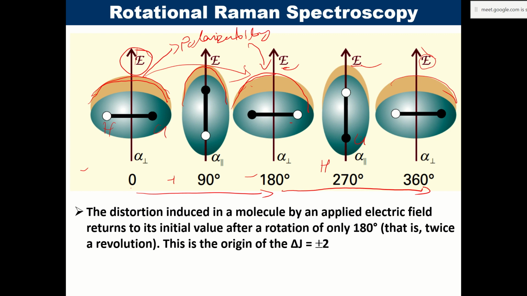Whereas look at the dipole, however, dipole changes जो होगा, जो IR के लिए जरूरी है, उसमें कैसे हो रहा है, प्लस टू माइनस, this is the direction.